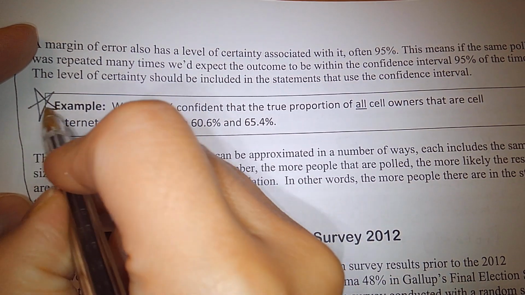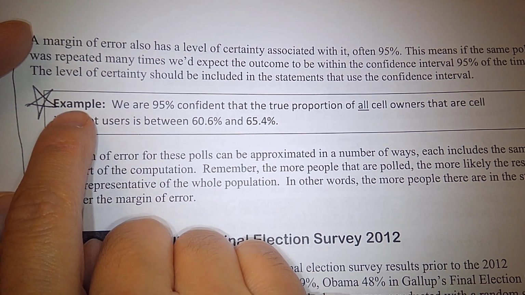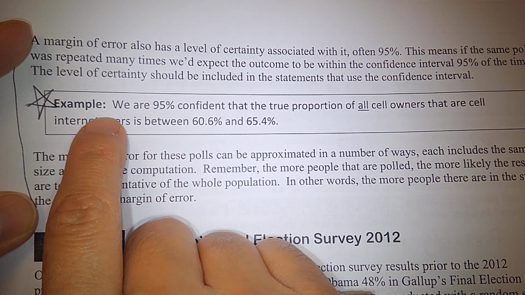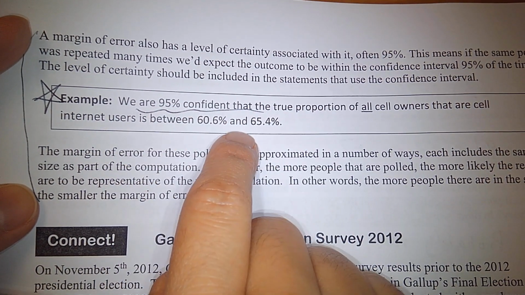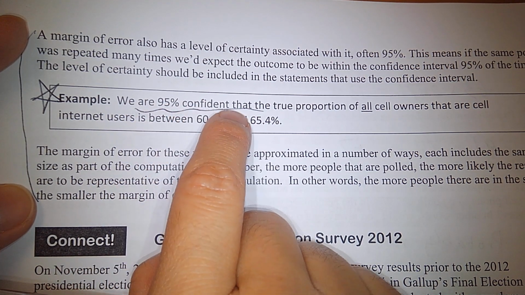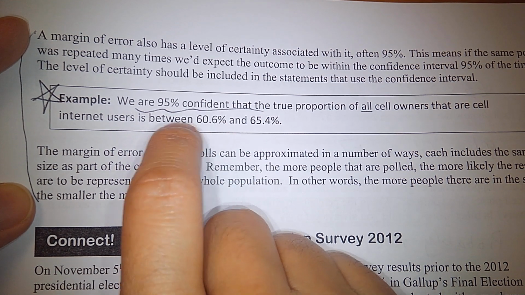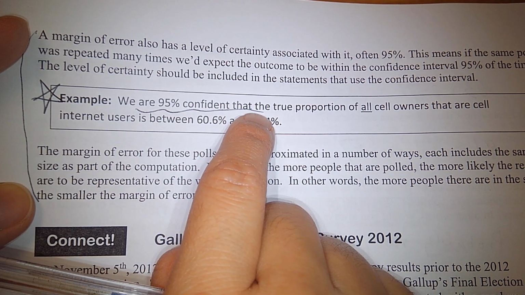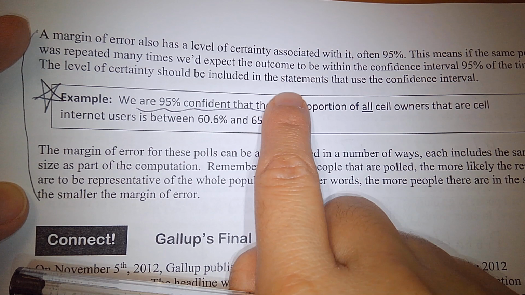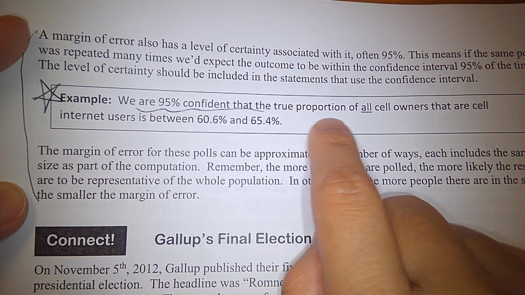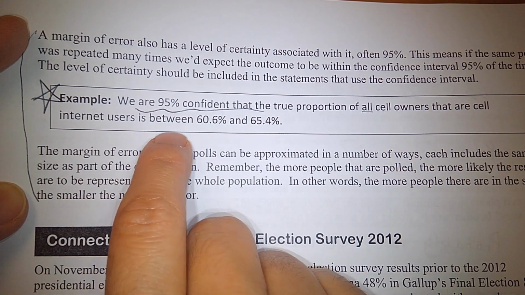So the conclusion is, after we get the confidence interval, if the question asks you to use a sentence to describe or interpret the conclusion, always remember this sentence: we're 95% confident, or we're 95% sure. There's a pattern to the sentence. We're 95% confident that the true proportion for all cell phone owners that are cell internet users is between what?